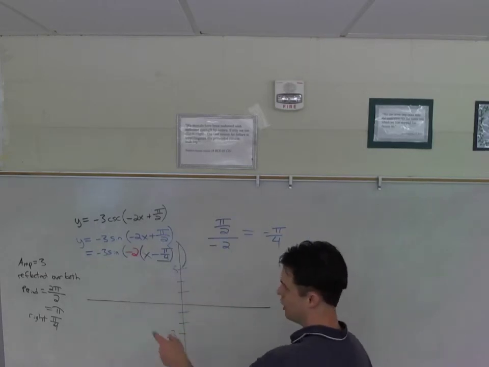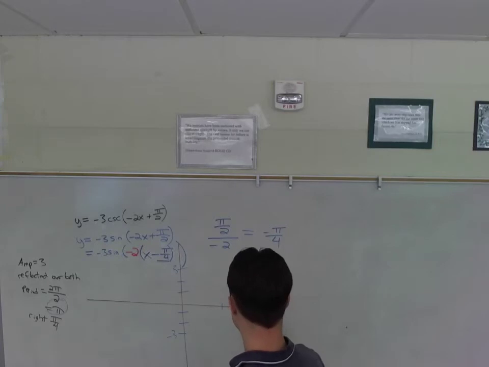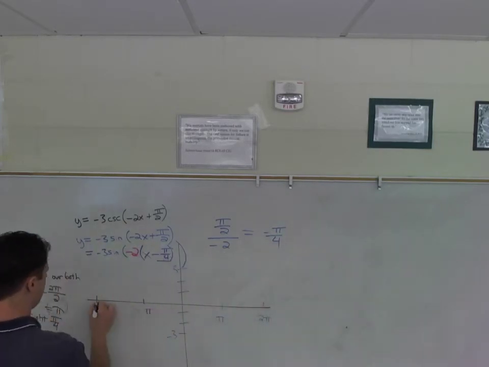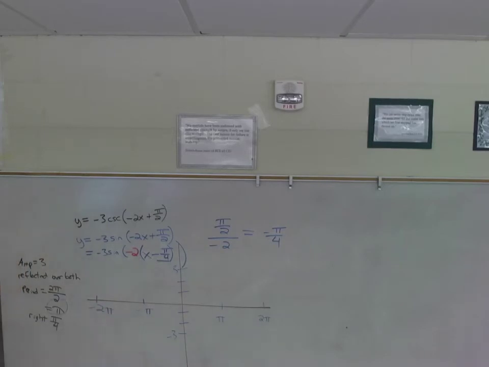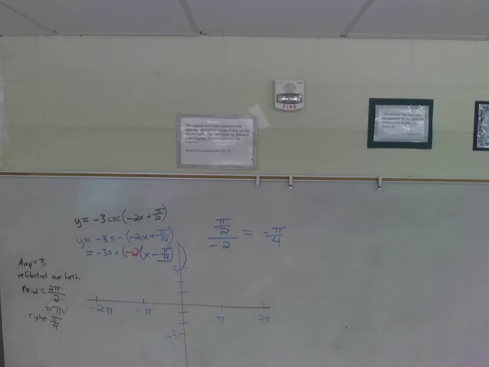Our period is pi now, so I'm going to scale this by pi's: 2 pi, pi, -pi, -2 pi. Then I have to go right a quarter, so you could do that in 2 separate curves if you like, or you can not. I'm going to not this time. I'm going to try to think about this all at once.